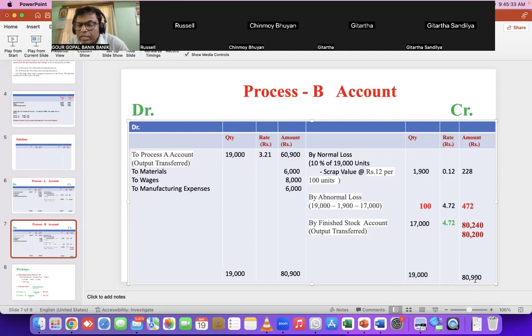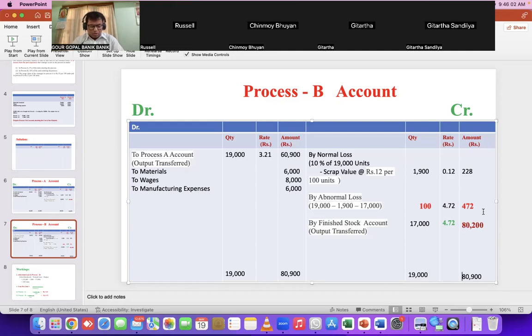Okay, 80,900. You just do 80,900 minus 228 minus 472 and it comes to this. So you don't write these things. You take this figure, which is not accurate, but you have to approximate. Now see, the total tallies. Don't compromise here, compromise there. How? You can do it in a calculator: 80,900 minus 228 minus 472.